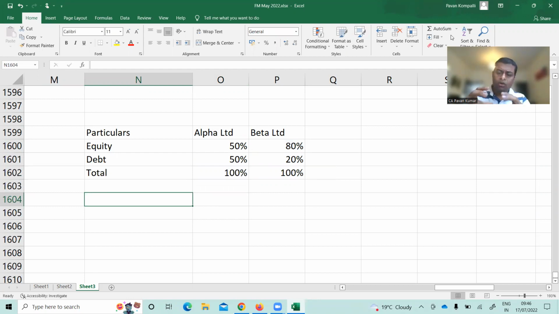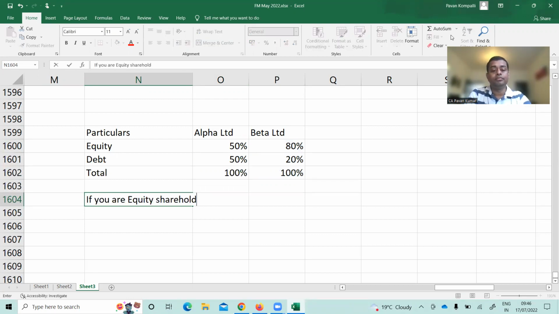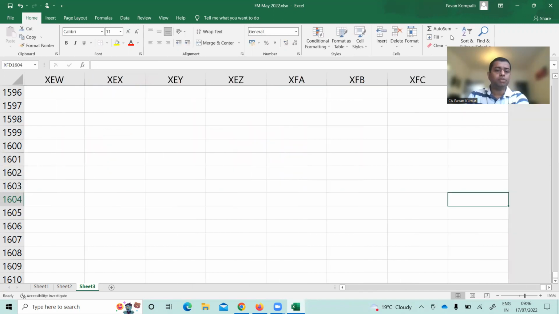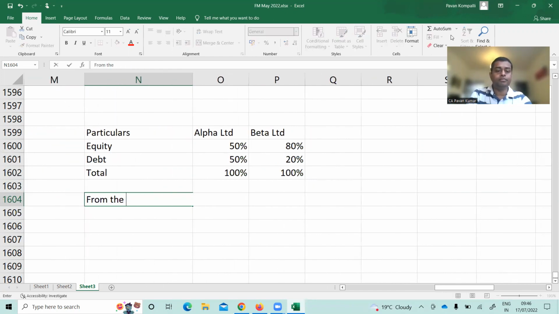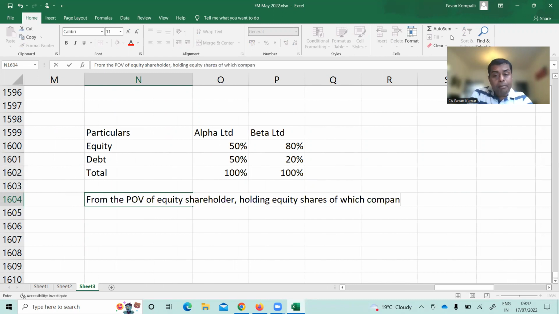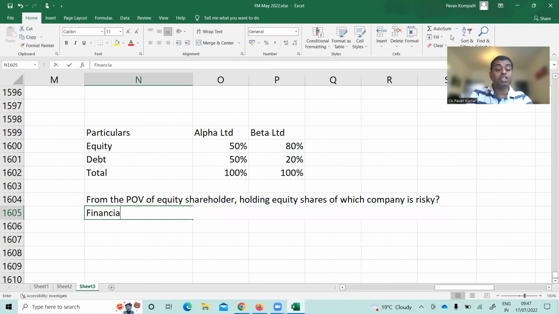Now try to understand some basics without entering into the question. If you are an equity shareholder, from the equity shareholder's point of view, holding equity shares of which company is risky? We are speaking about financial risk.